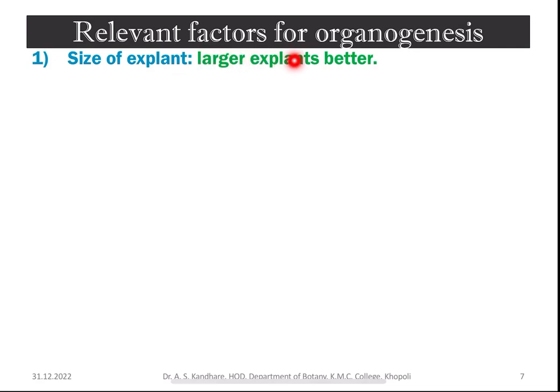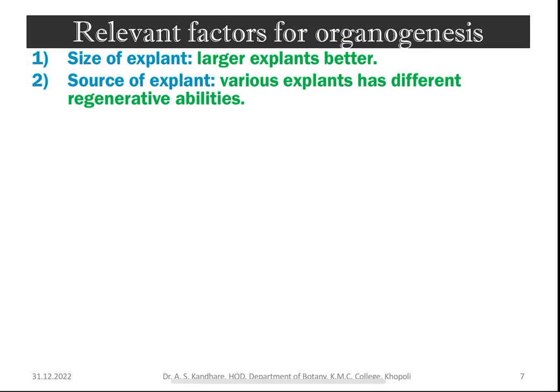Larger explants are better because larger explants comprise different cells, isn't it? If the explant has all the required cells, that explant would proliferate properly and can be cultivated properly. So therefore size of the explant should preferably be larger, isn't it?